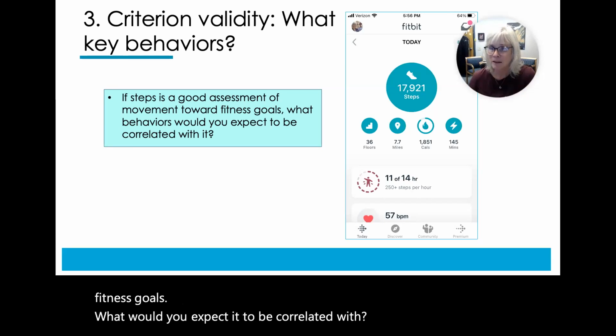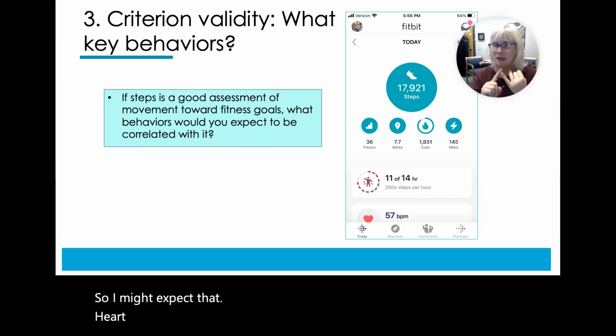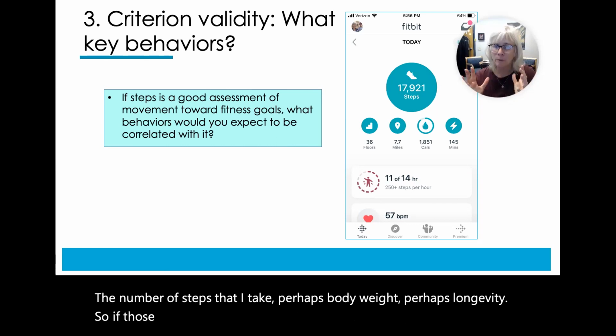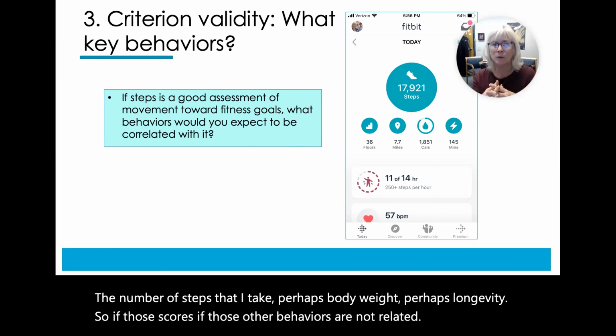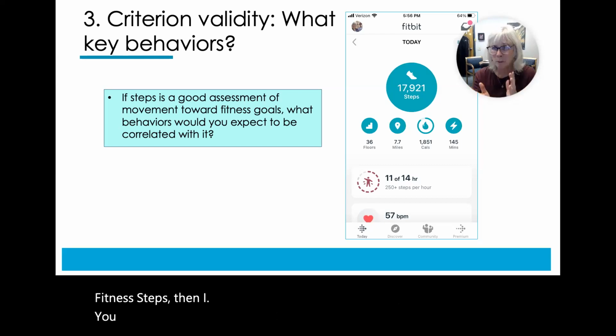I might expect that heart rate and blood pressure might be related to the number of steps that I take, perhaps body weight, perhaps longevity. If those other behaviors are not related to fitness steps, then I would question whether we should be thinking about this.